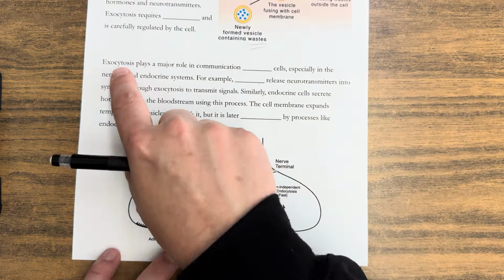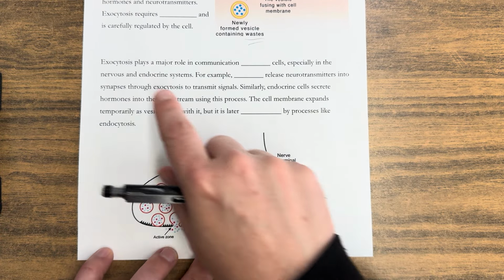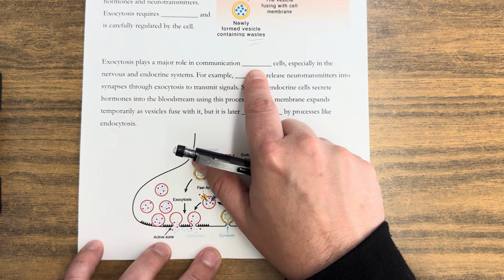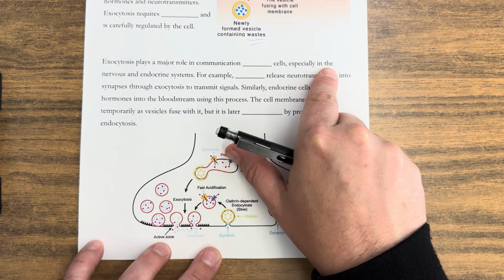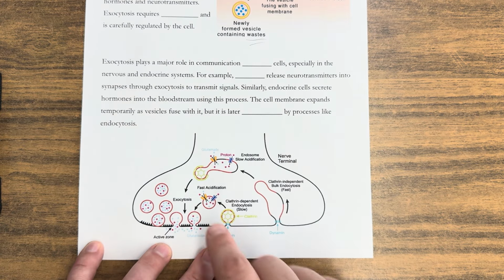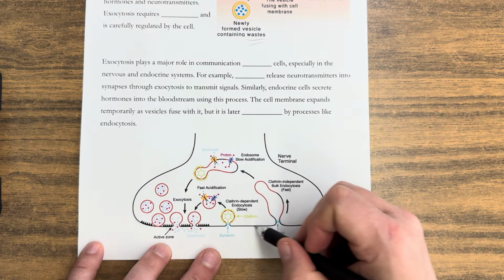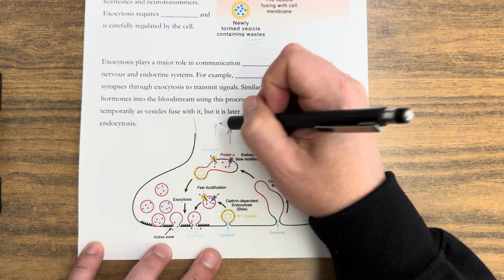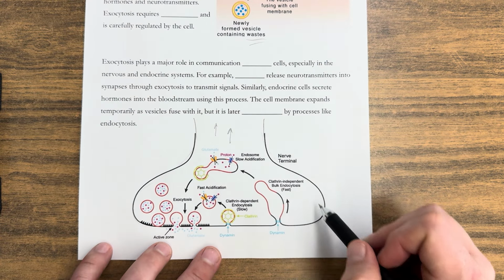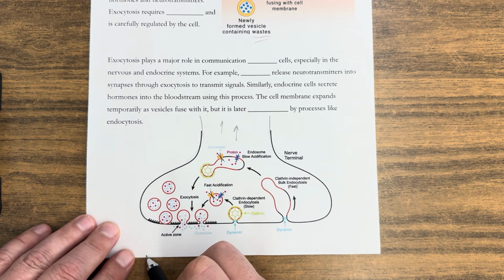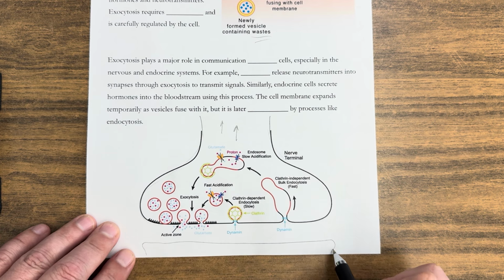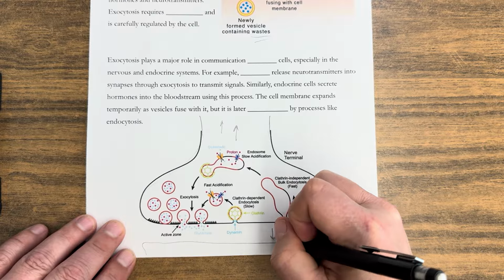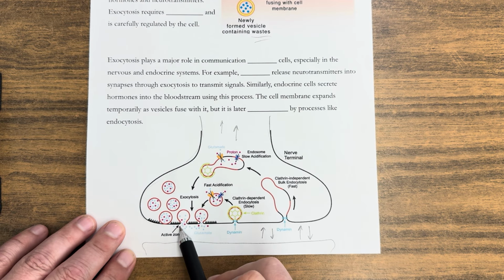All right, so the last little bit here on exocytosis. Exocytosis plays a major role in communication between cells, especially in the nervous and endocrine systems. So this here is the head of a neuron. The neuron would go up this direction, and this is just the head of it, where there's going to be another neuron right here, and messages will pass back and forth between these two using chemical signals.